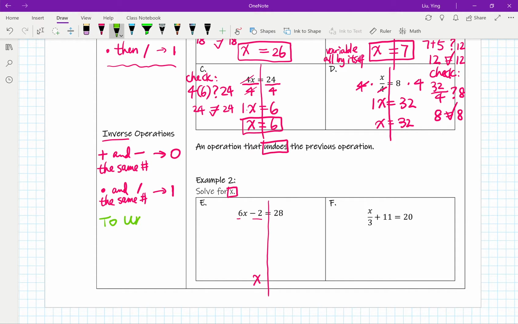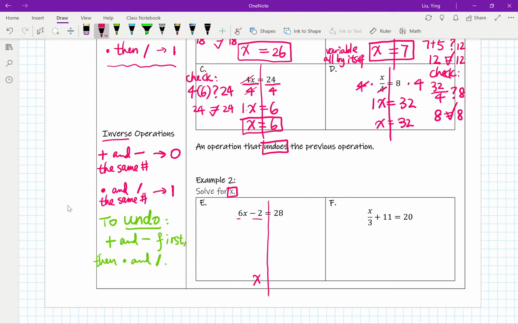To undo, you would do adding and subtracting first, then you would do multiplying and dividing, because to undo something is the reverse of the normal order, right? So that's our strategy.